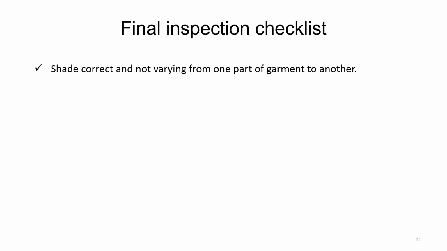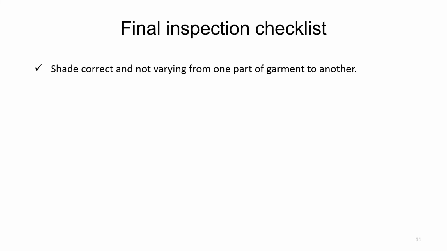Which means that the final inspection is very, very exhaustive and very, very strict. Now, if you are an inspector and you have been sent to a factory to do the final inspection, if you accept the inspection, then the shipment will be sent. If you reject, then the shipment will not be sent. It will have to be reopened. All the pieces have to be rechecked again, and then again packed and offered for inspection.